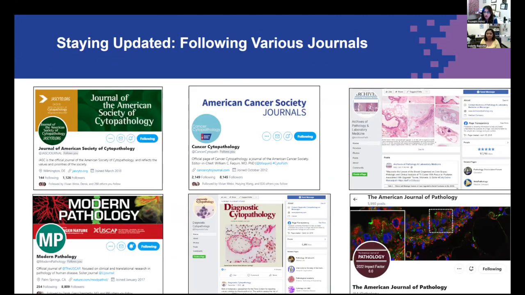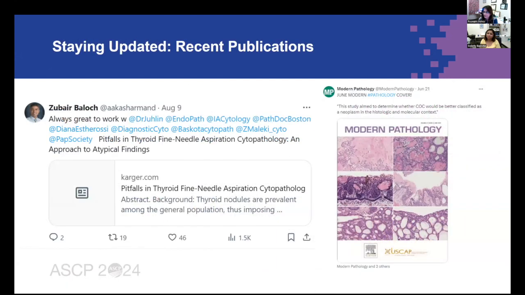We can also follow various journals, and here you have the example of Journal of American Society of Cytopathology, Modern Pathology, all latest journals and like Diagnostic Cytopathology. You can see their updates, their publications. For example, in the next slide, this is an example of recent publication on Diagnostic Cytopathology and also on Modern Pathology.